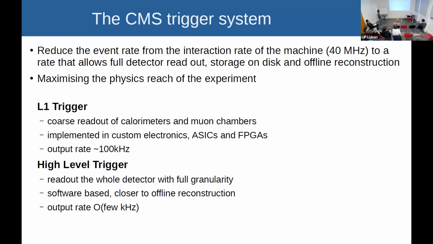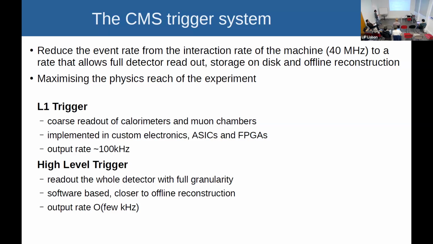We have a 2-level trigger. The Level 1 trigger is based on custom electronics, ASICs and FPGAs, and has an output rate of 100 kHz. In our case, for our decay, this trigger uses information from only the muon chambers to select events with 2 muons.